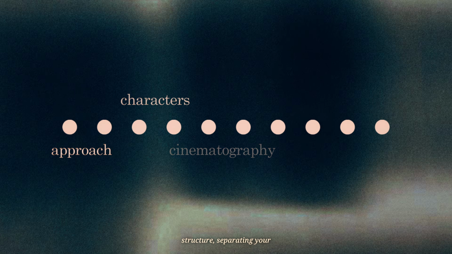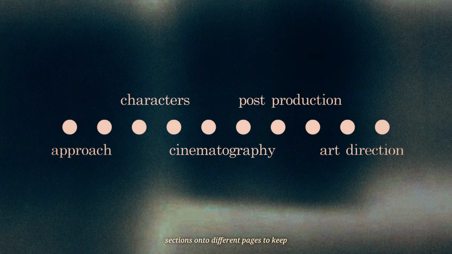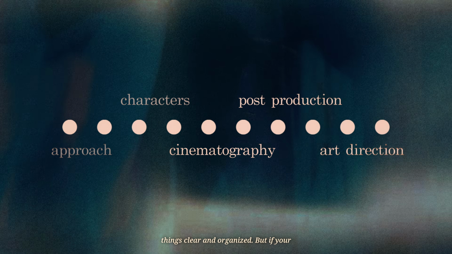So, to clarify, for a regular commercial, follow this structure, separating your sections onto different pages to keep things clear and organized. But if your project is more like a mini movie, or a branded film, or a music video, you can still use this structure as a base, but just wrap it up more like a visual script, introducing all these elements as you tell your story.